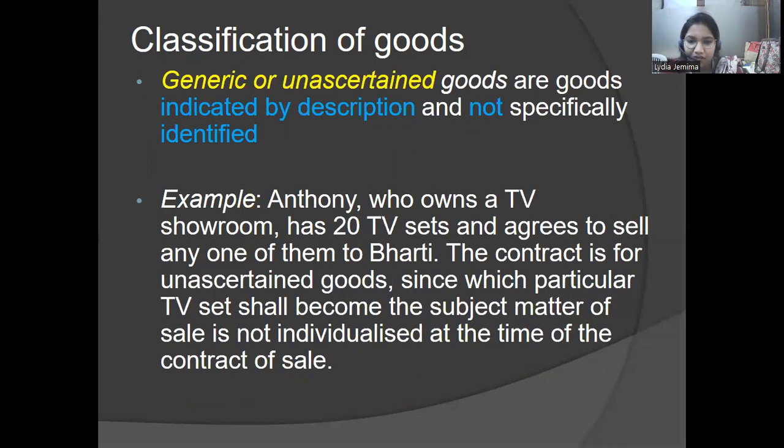The contract is for unascertained goods, since which particular TV shall become the subject matter of sale is not individualized at the time of the contract of sale, right? So here he is not stating which TV he is going to sell. He's just saying he's got 20 TVs. We don't know what brand of TVs are available. He agrees to sell any one of them to Bharati.